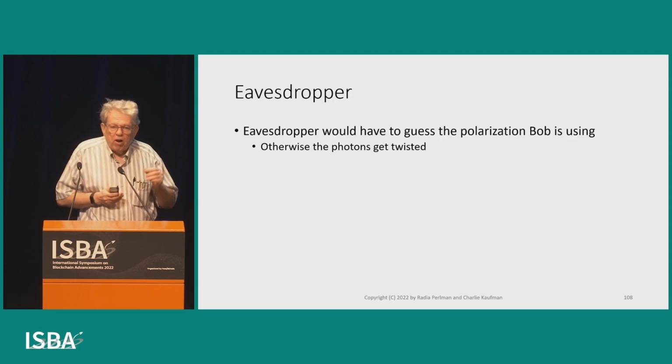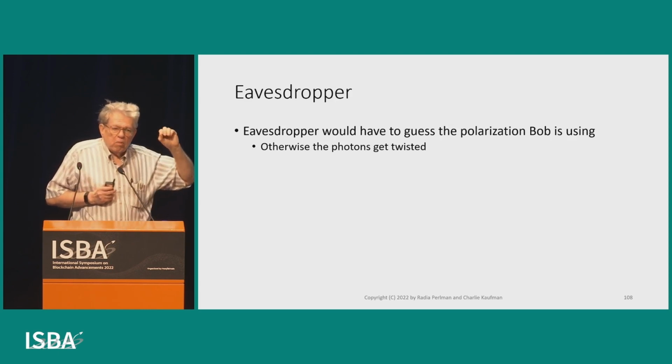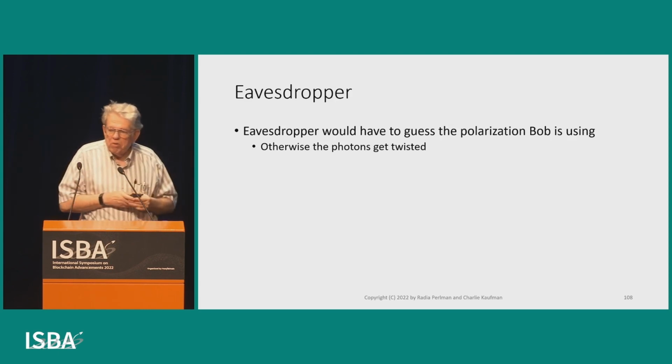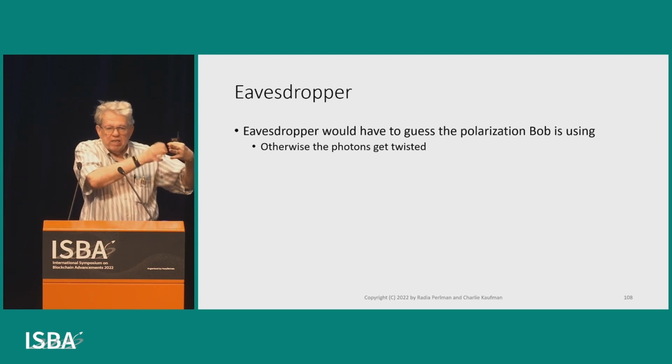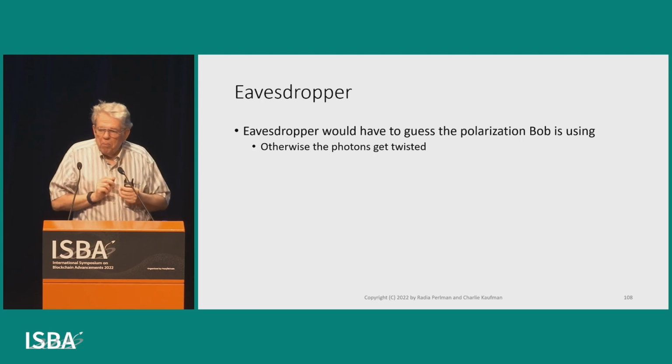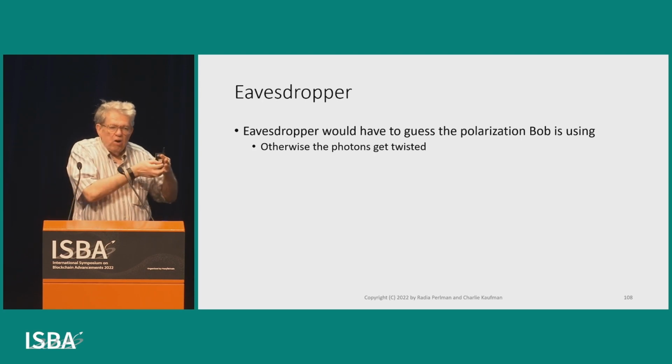Now, if an eavesdropper broke into the fiber optic cable and was trying to watch what was going on, he could do the same thing that Bob is doing, but he's not going to know how Bob was setting his polarizing filters, and so some of the time he's going to have set it wrong.